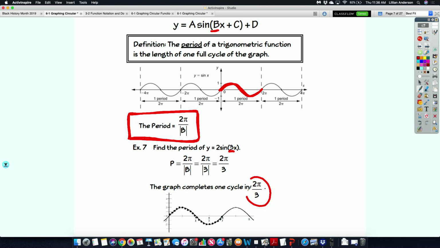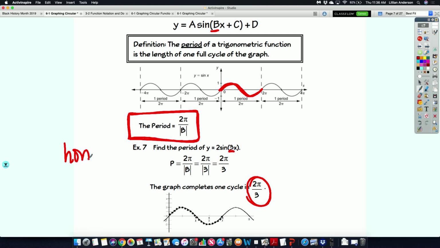That lets you know that the graph does one complete cycle between 0 and 2 pi over 3. Not 2 pi, but 2 pi over 3. If we take it with the transformations, that 3 represents a what? A stretch. Careful. It's on the inside.